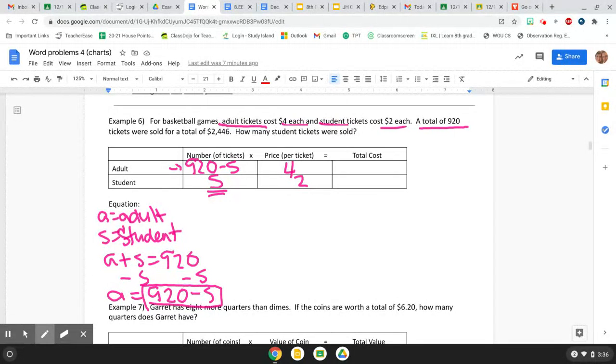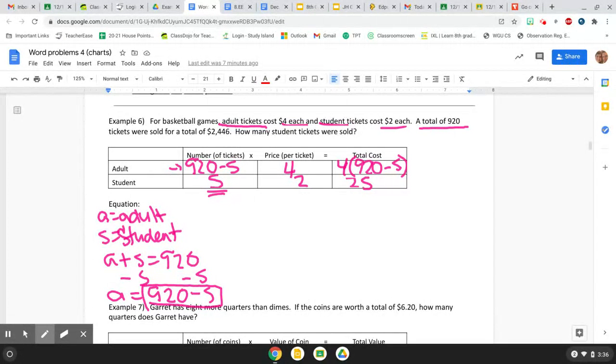We're left with however many adult ones are left. So now I can get my expressions for the total cost. For adult, I'm going to take 4 times that quantity, 920 minus S. And for the next one, it's just going to be 2 times S.